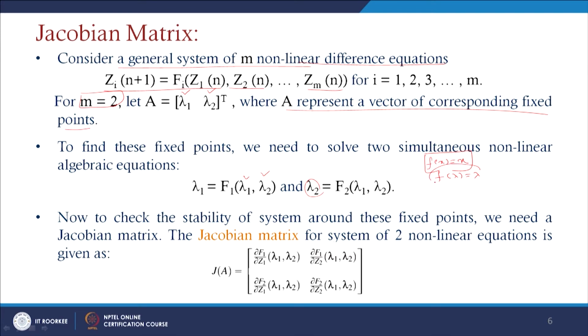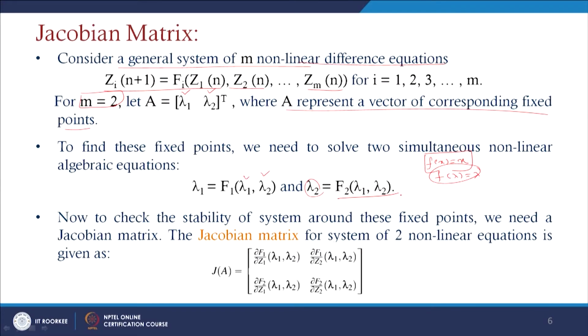Already we have discussed these things in the earlier lectures. And lambda 2 equals f2 of lambda 1, lambda 2. To check the stability of the system around these points, we take a small perturbation and expand it using Taylor series expansion to linearize it.